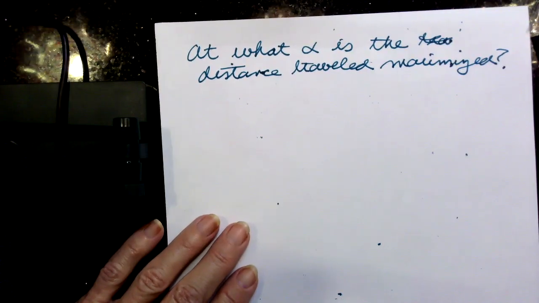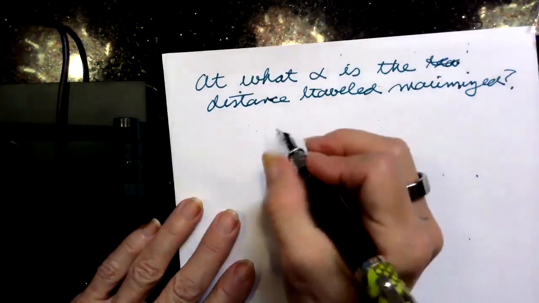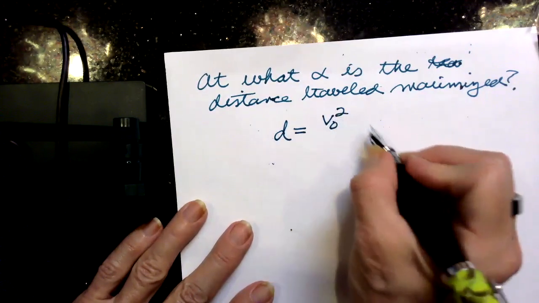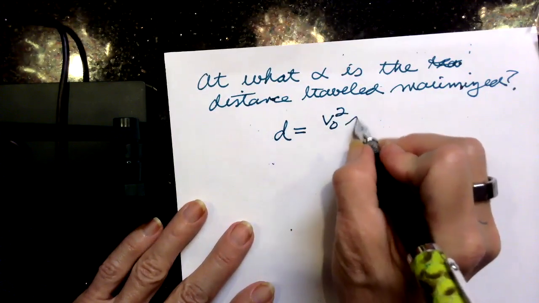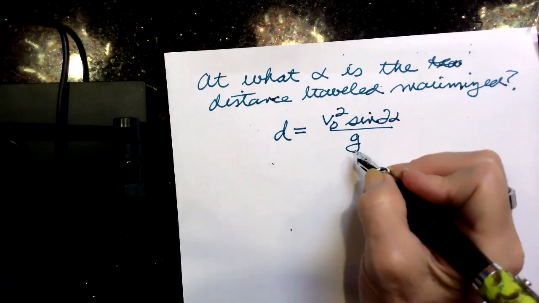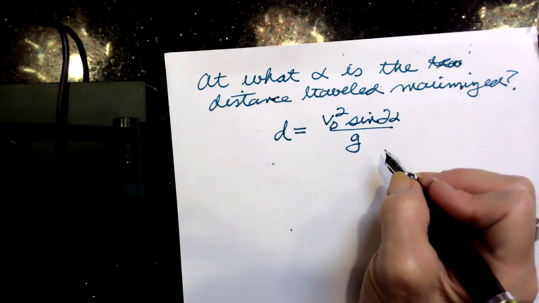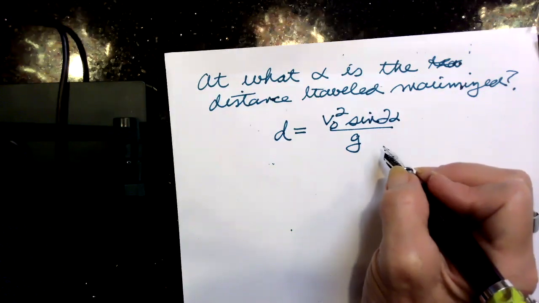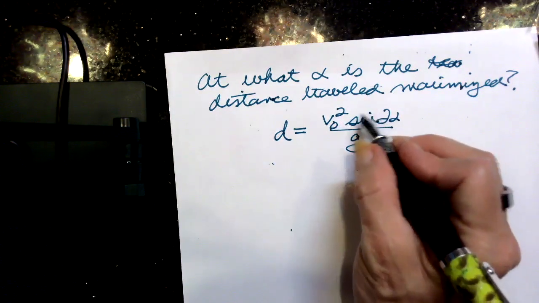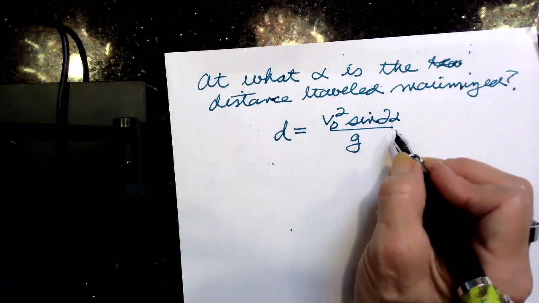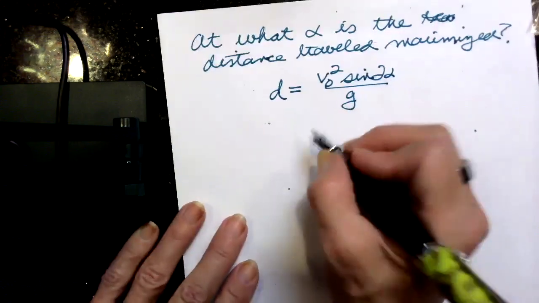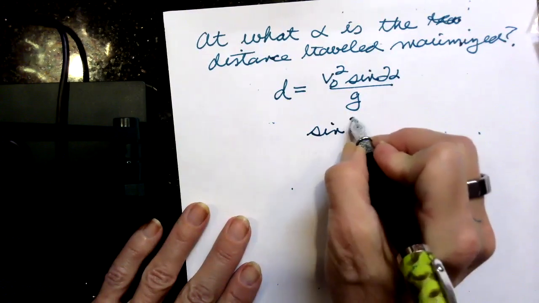Remember, we worked out that the distance traveled is v0 squared sine 2 alpha divided by g. So when is that maximized? Well, v0 is a constant and g is a constant, so the only thing that can vary is the angle. That's when sine 2 alpha is maximized.